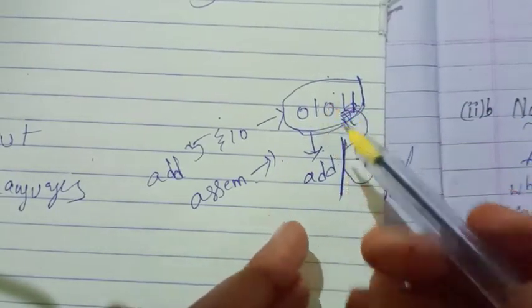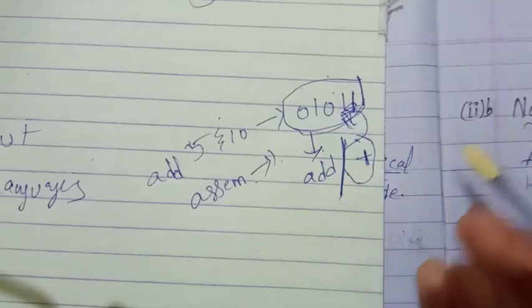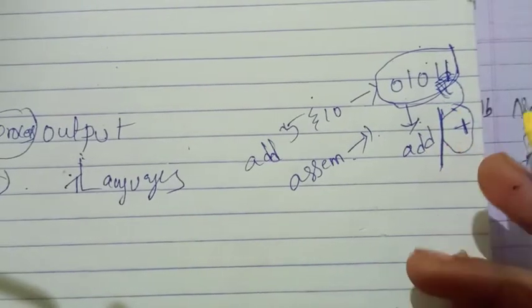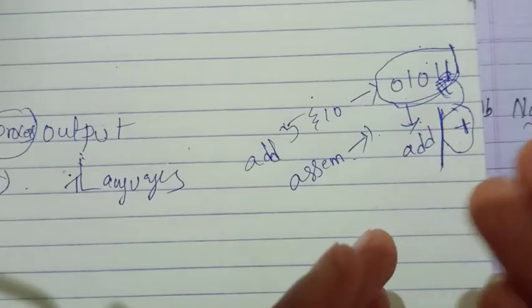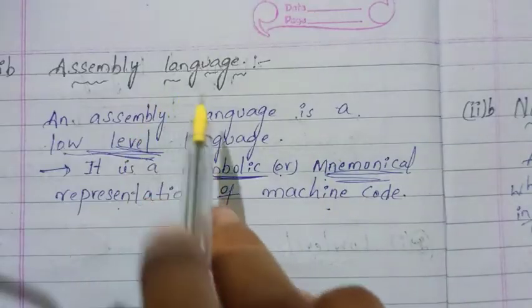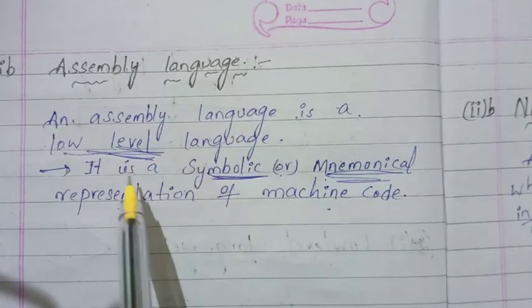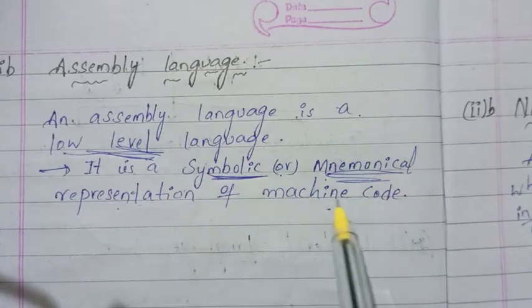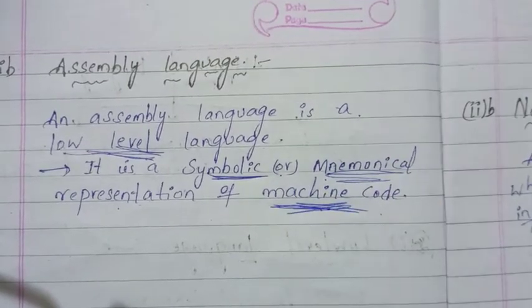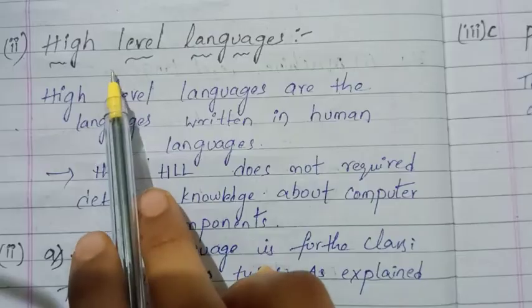Instead of these 0s and 1s, which are confusing, symbols or mnemonic representations are used in assembly language. So basically, assembly language is a low level language, and it is a symbolic or mnemonic representation of machine code.